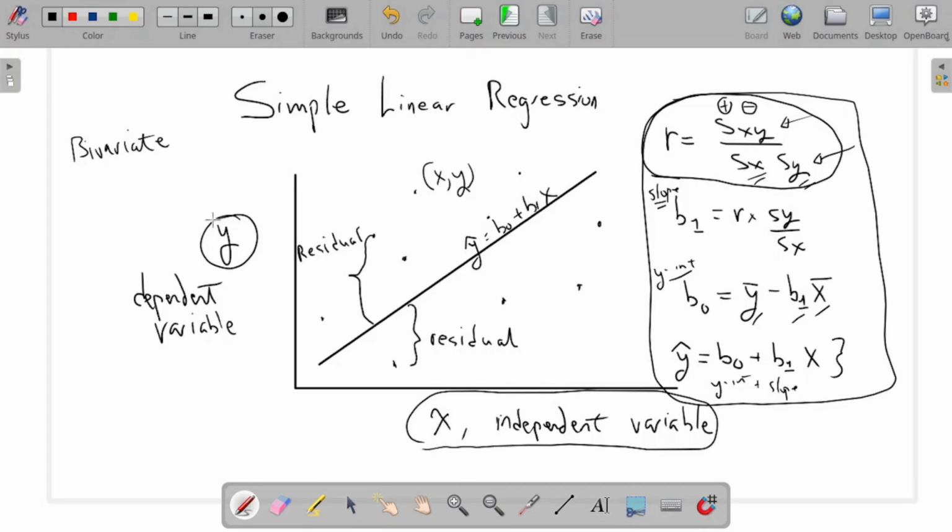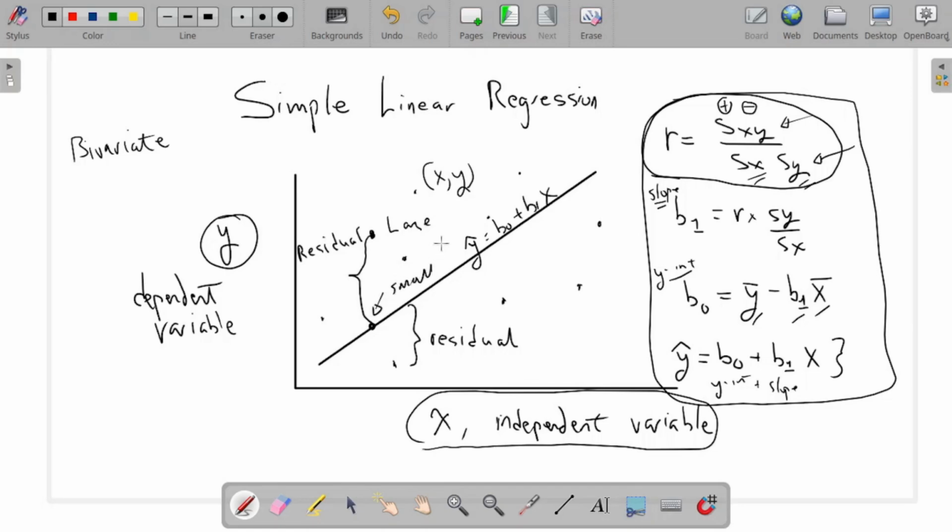You'll also notice on here that the observations, these are the dots, rarely if ever coincide with the line. And the difference between the two values is called the residual value. Here, the observed value is large, and the predicted value is small.